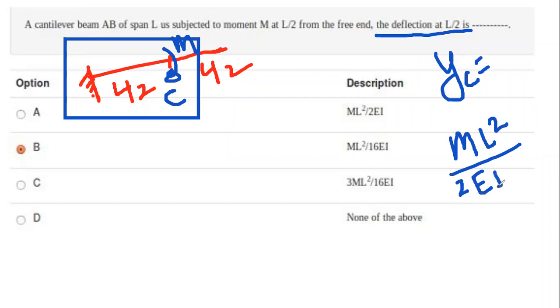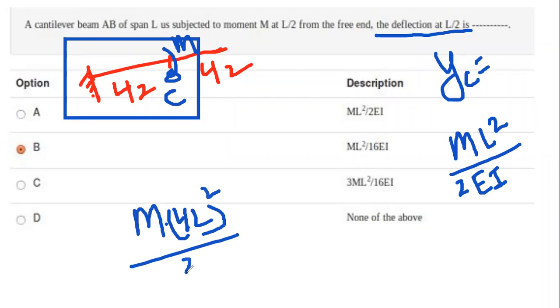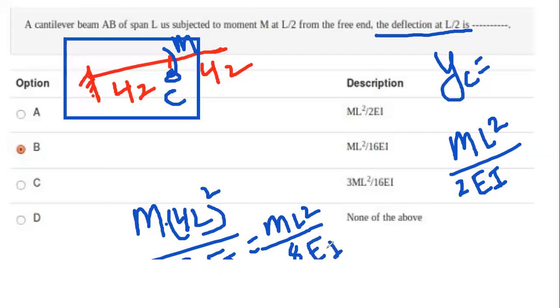So here M is M and L is L by 2, so L by 2 square divided by twice of EI. What we get here: ML square divided by, now 2 square is 4, 4 into 2 will be 8 EI. So ML square divided by 8 EI.